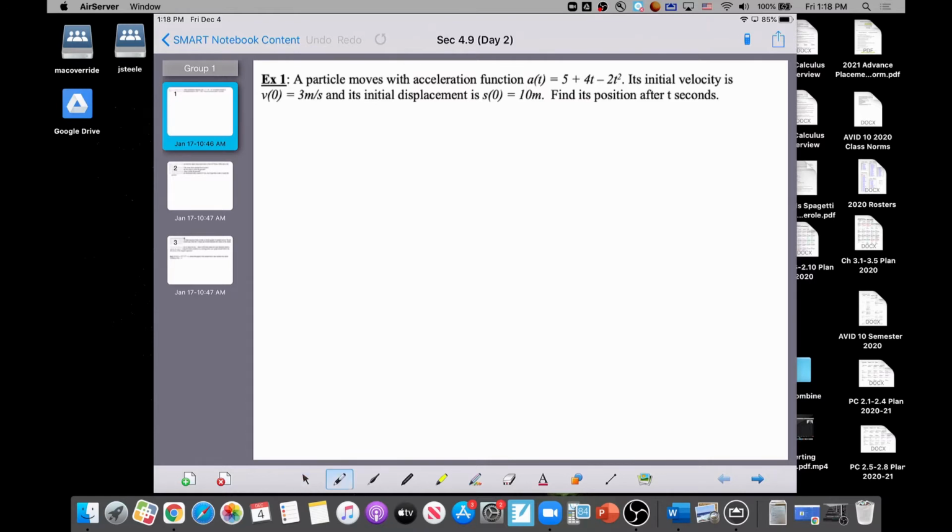So step 1. We are going to use a of t and the given initial condition v of 0 equals 3 meters per second to find the velocity function.